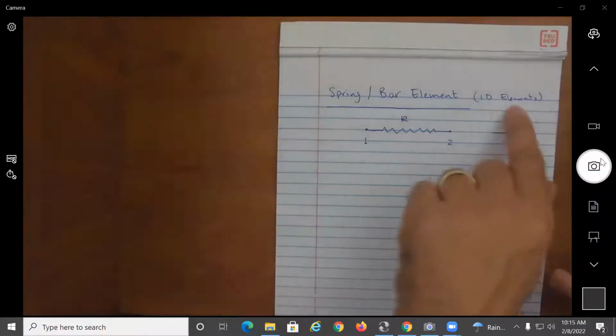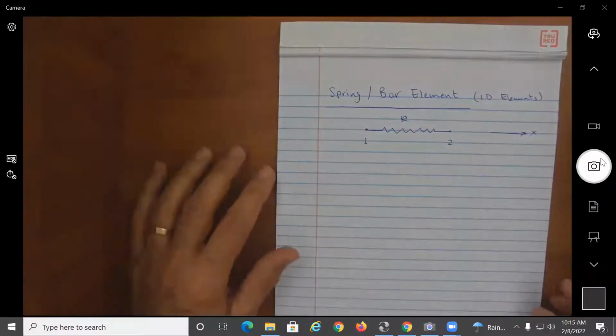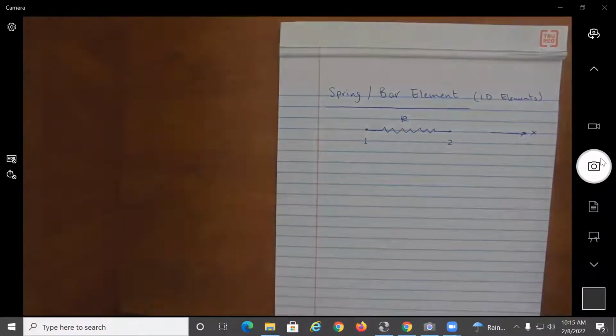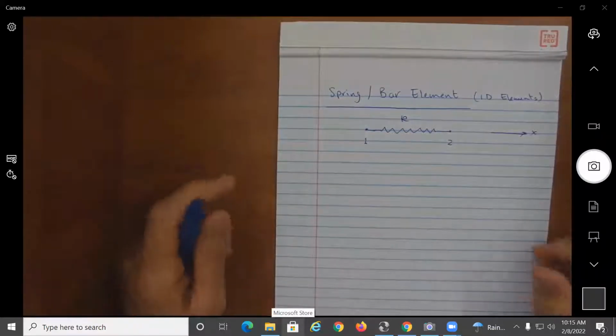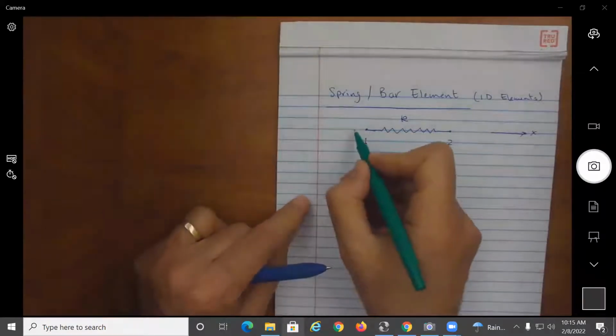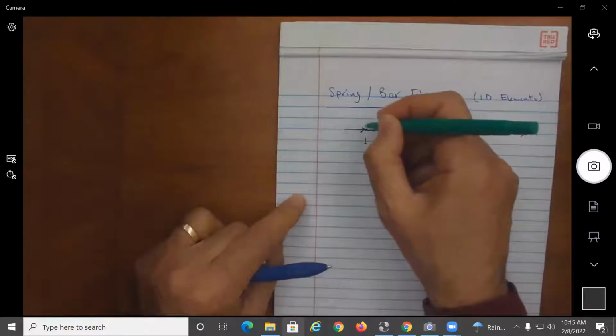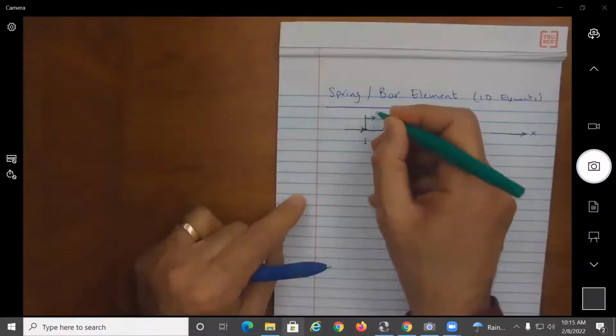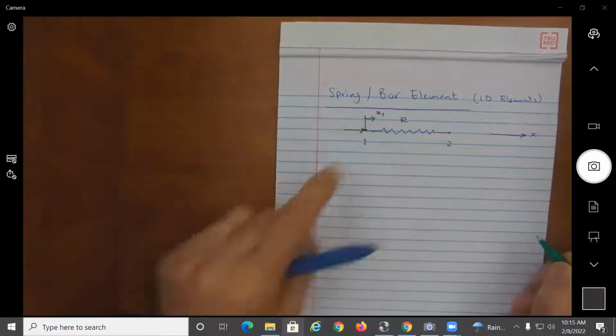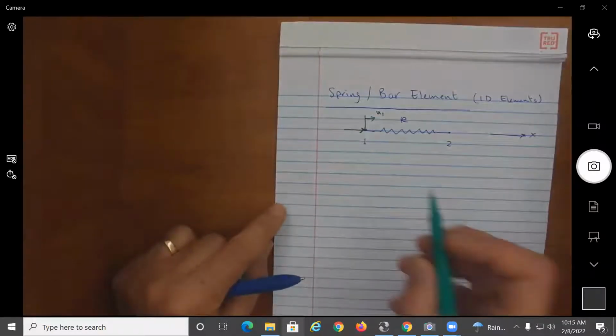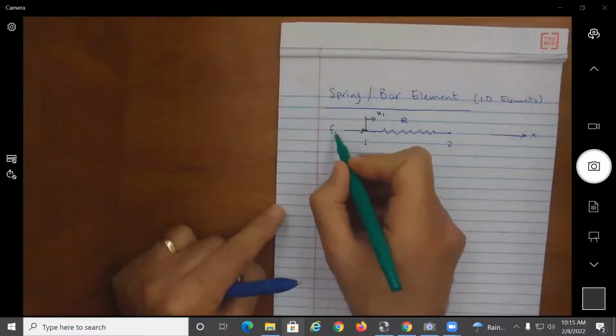And because everything is happening along the x-axis, at each node I have 1 degree of freedom. So at node 1, I have a U1, and corresponding to that displacement, I will also see an F1.